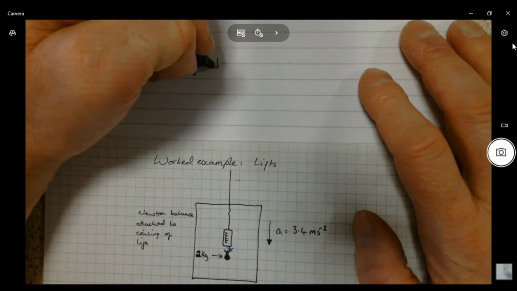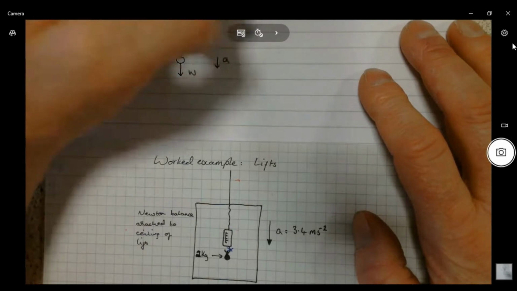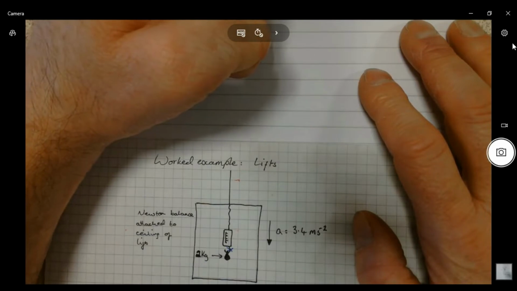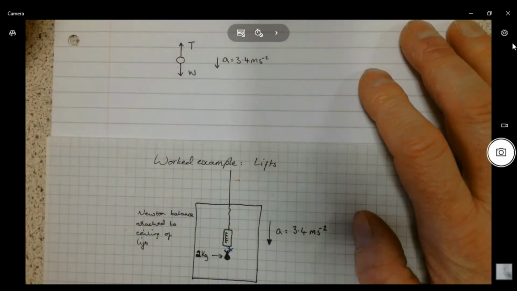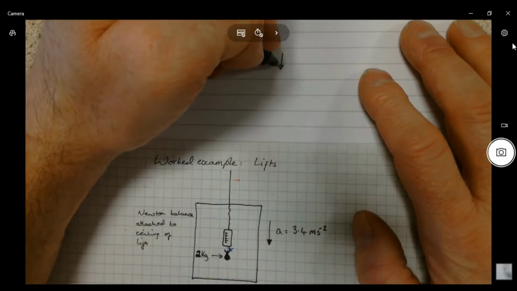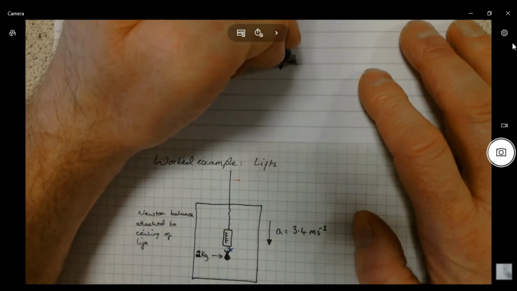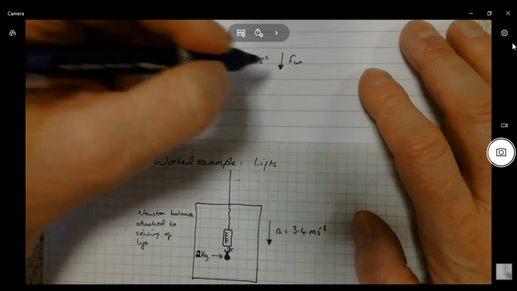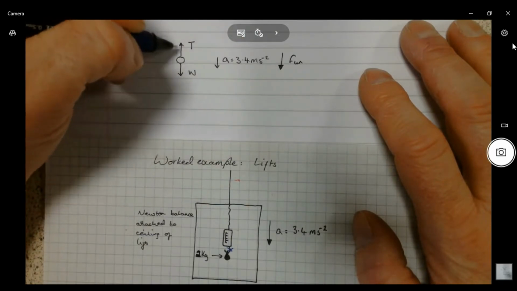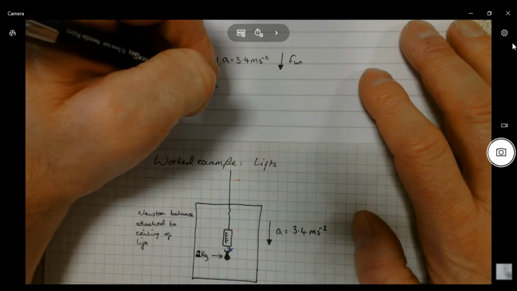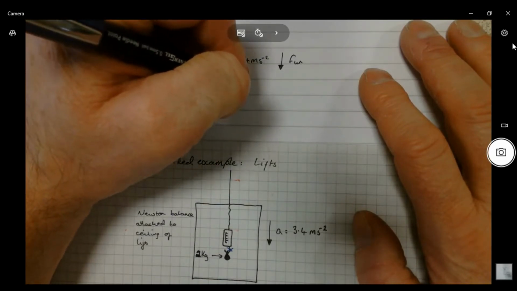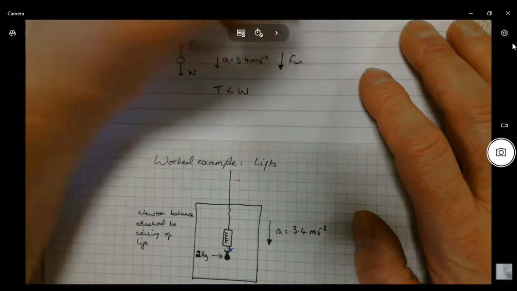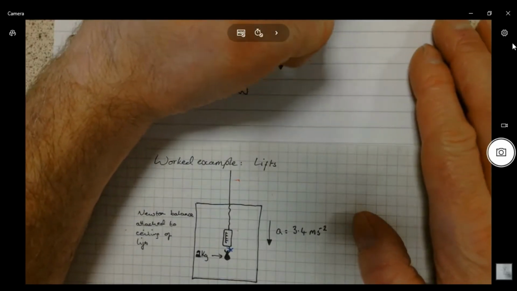Now, it's accelerating downwards at 3.4 meters per second squared. And so our unbalanced force must be acting downwards. This means the residual force is the weight minus the tension, so our tension is going to be less than weight. We work out what weight is, and we work out what the unbalanced force is.